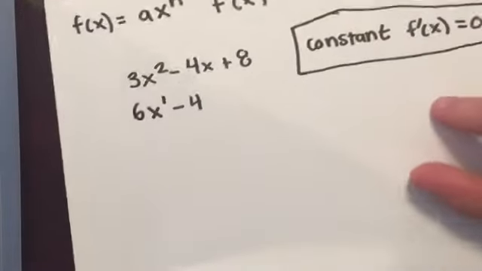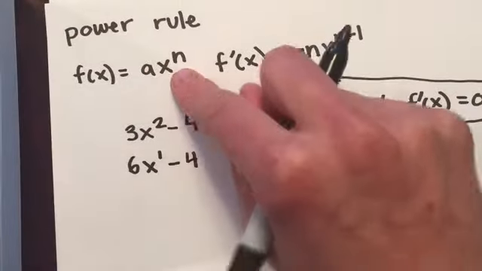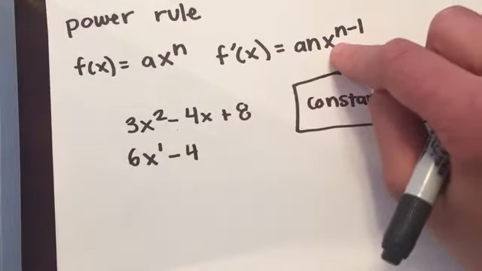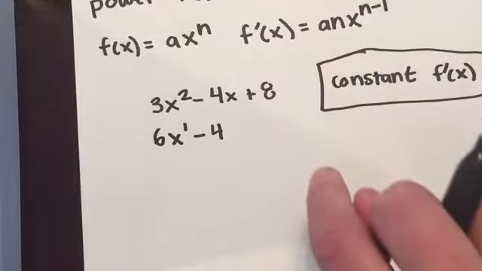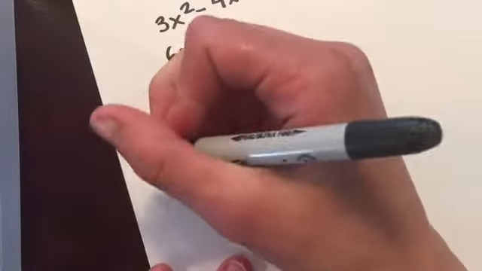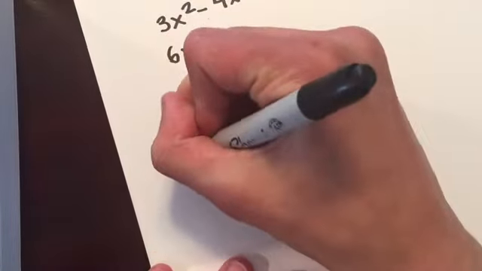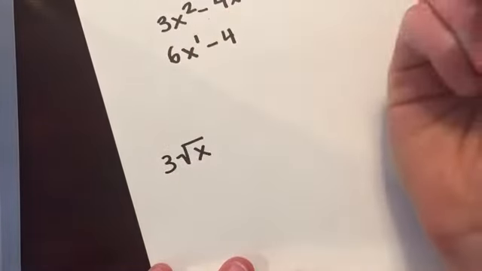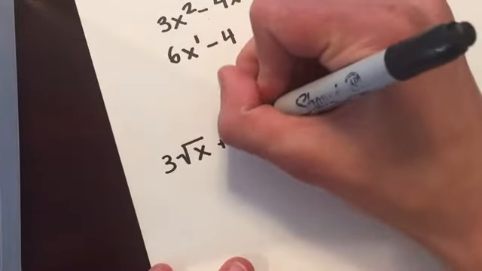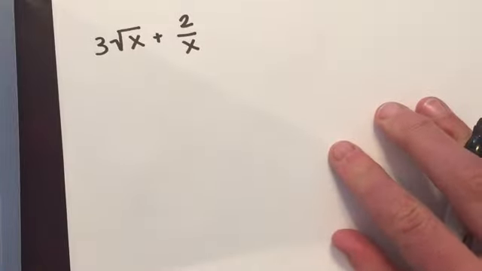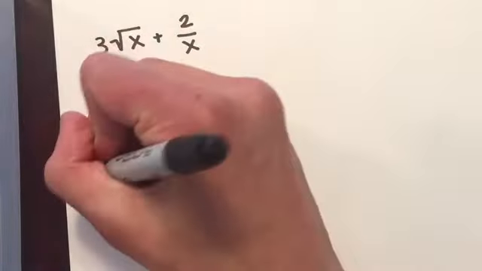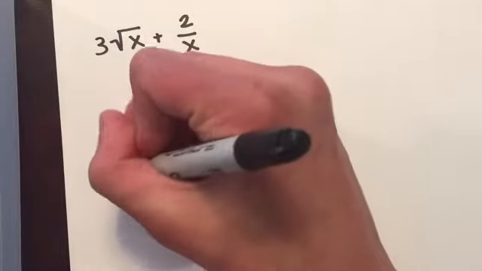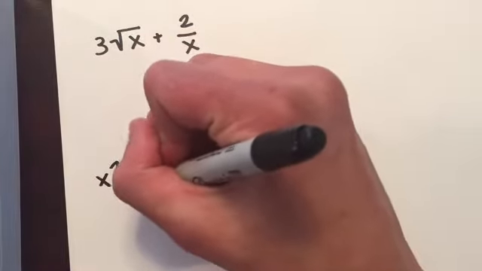Okay, so I'm going to give you 2 more problems that you're going to use the power rule on to complete. So that's the ax to the n and the anx to the power of n minus 1 way to do it. So here is 3 times the square root of x plus 2 over x, and x squared minus 4 over x squared.